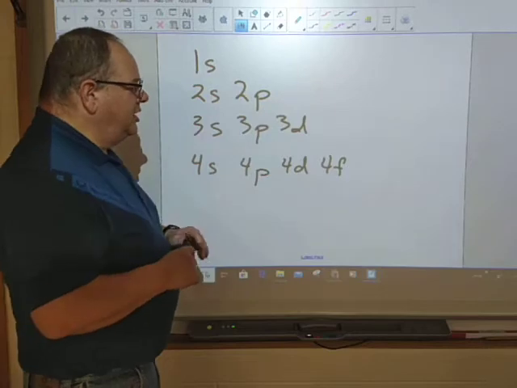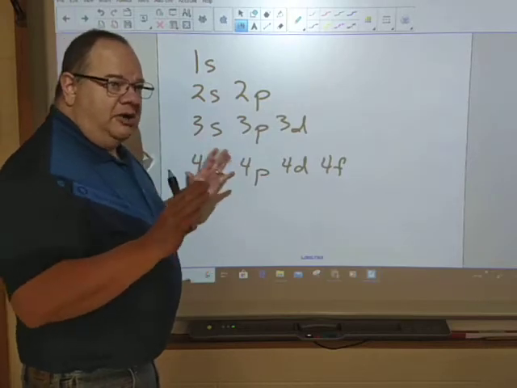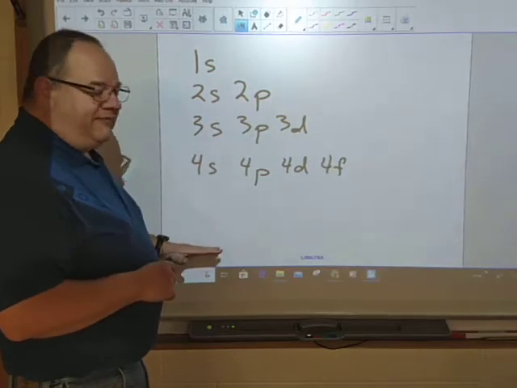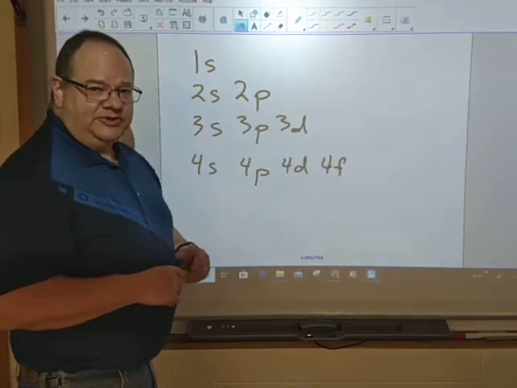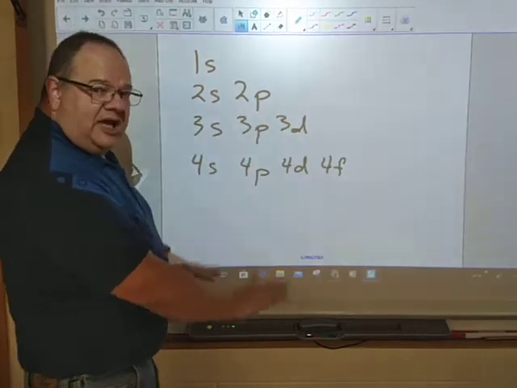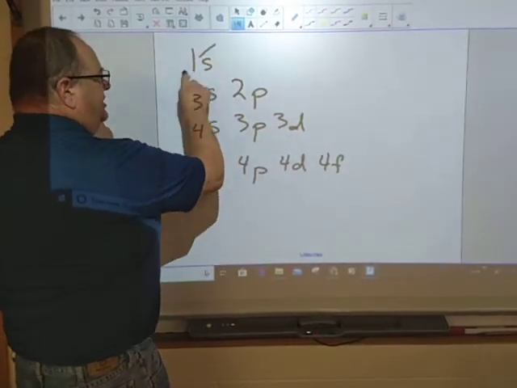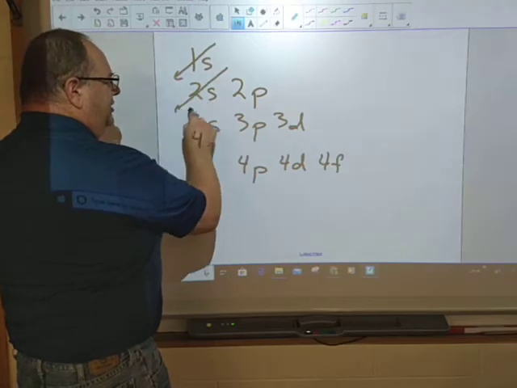It turns out you can put all of our atoms and their configurations within 7 energy levels and up to f sublevels, but please understand it does continue. Now when you have this written out, we start at the top and we do diagonal lines.